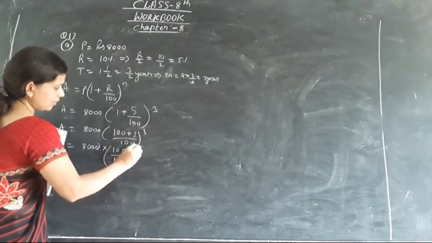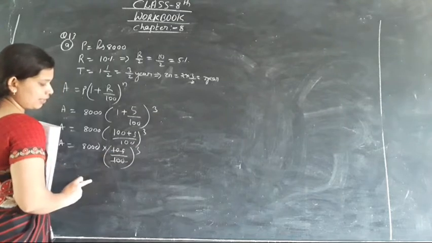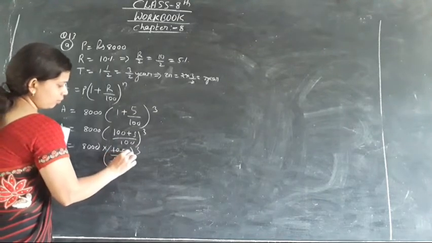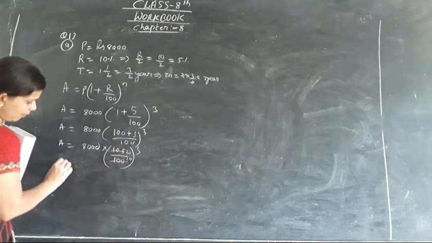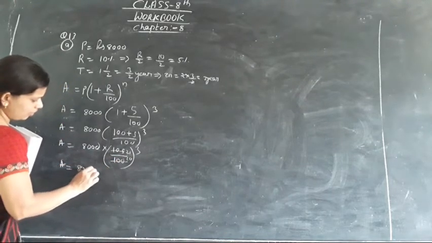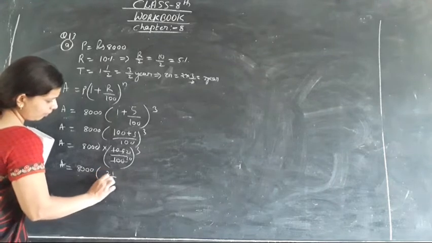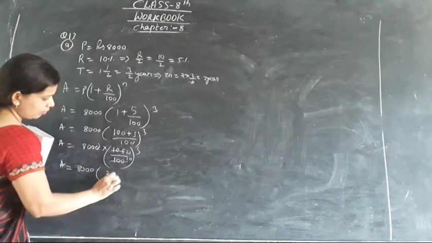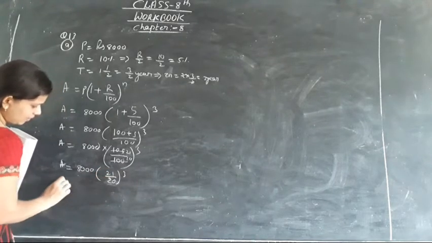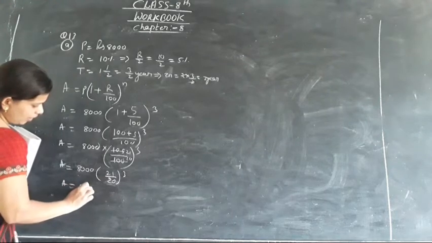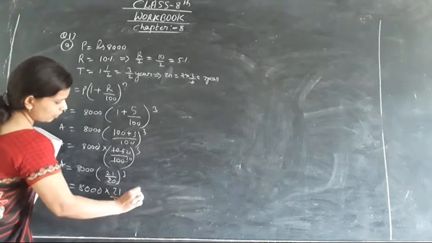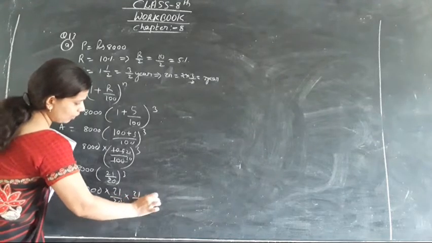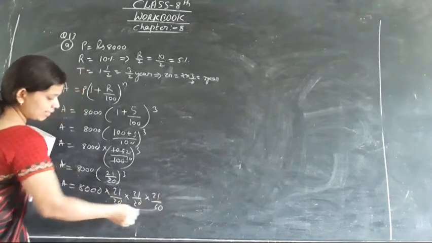So as you can see, here it will get cancelled by the table of 5. So here 21 upon 20. So amount is equals to 8000 into 21 upon 20 into 3. As power is 3 over here, so here 8000 into 21 upon 20, 21 upon 20, 21 upon 20. Why we had expanded 3 times?